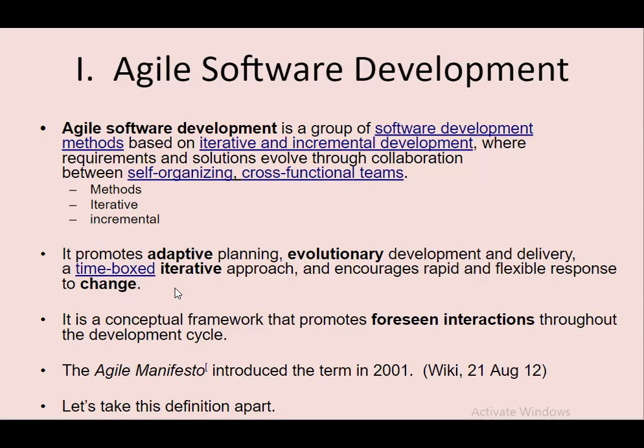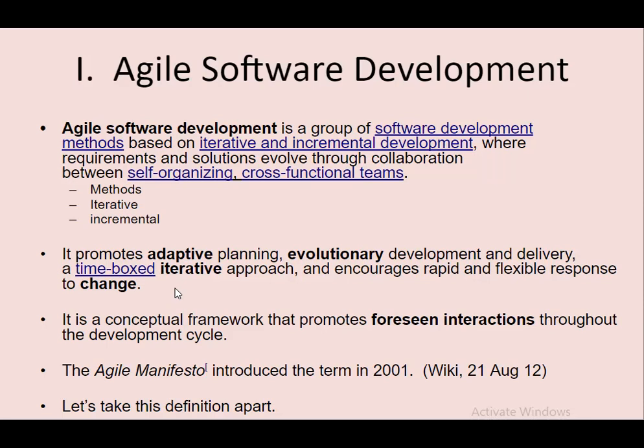You cannot just say we are doing development, we are doing development, without saying how much time we are taking. You can imagine Scrum, which implements agile: the sprint cycle duration is decided, it is a time box. The sprint should be a duration of 2 to 4 weeks. That is called a time-boxed iterative approach.